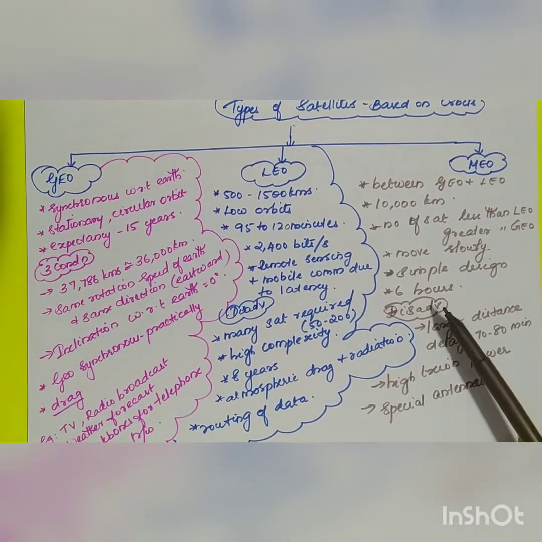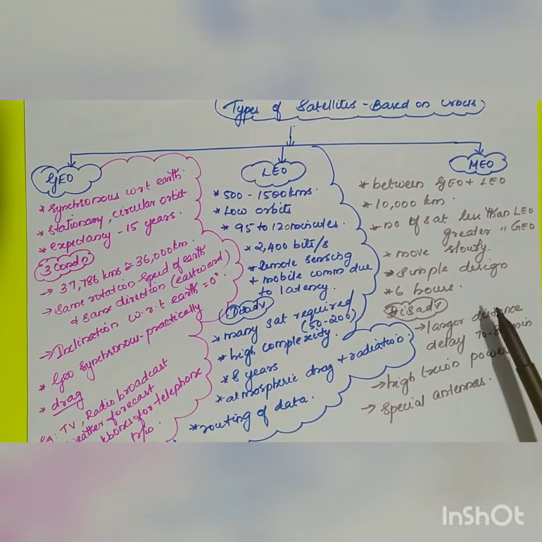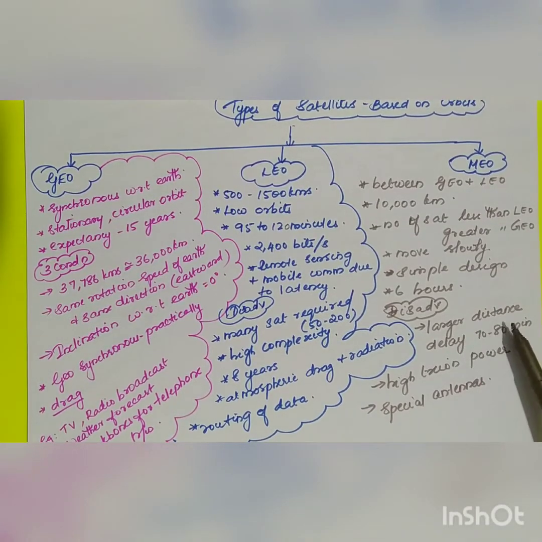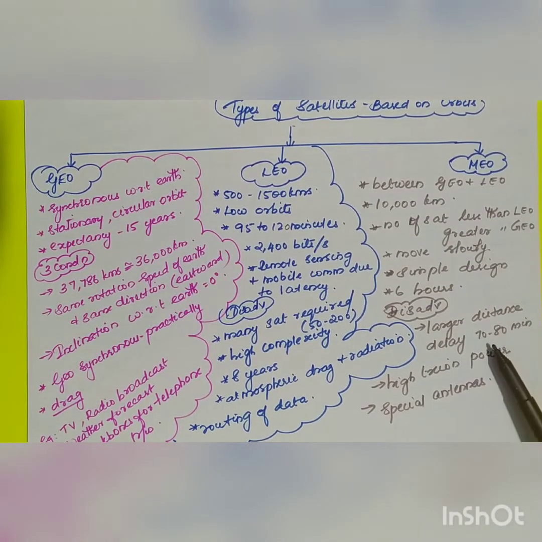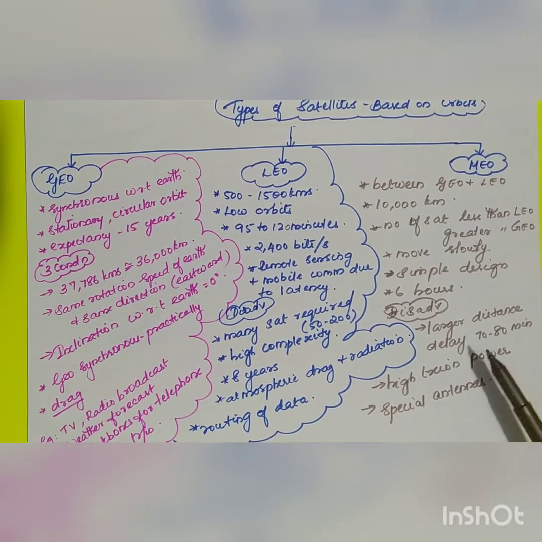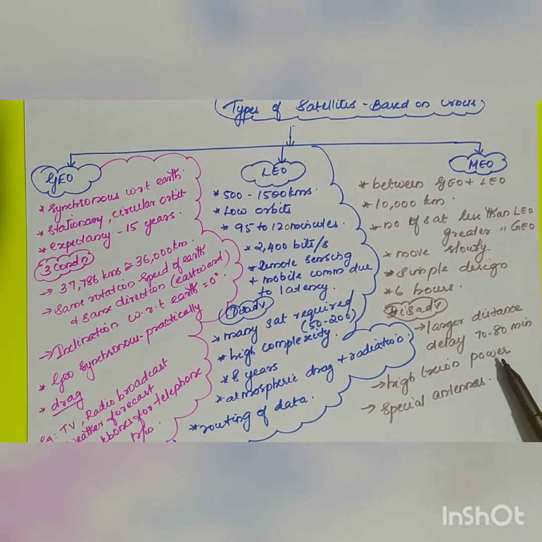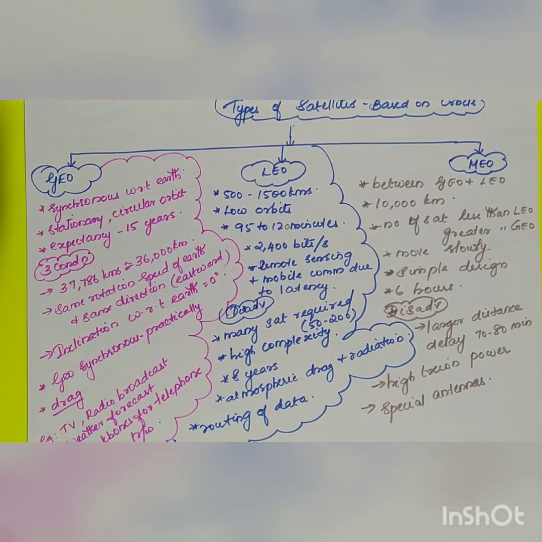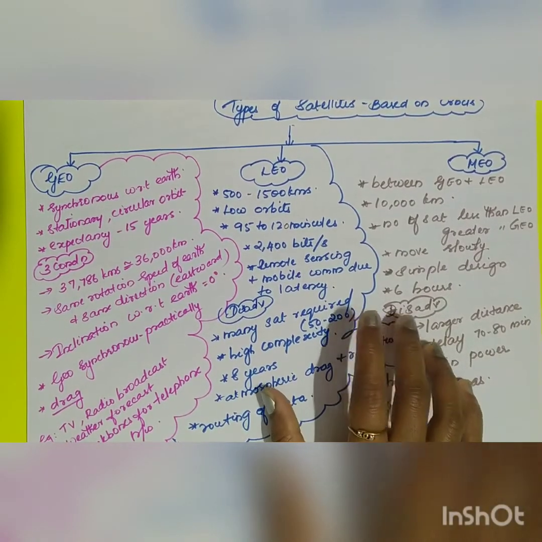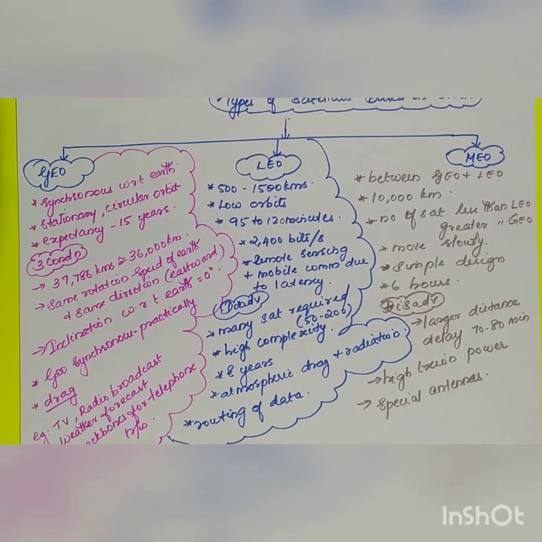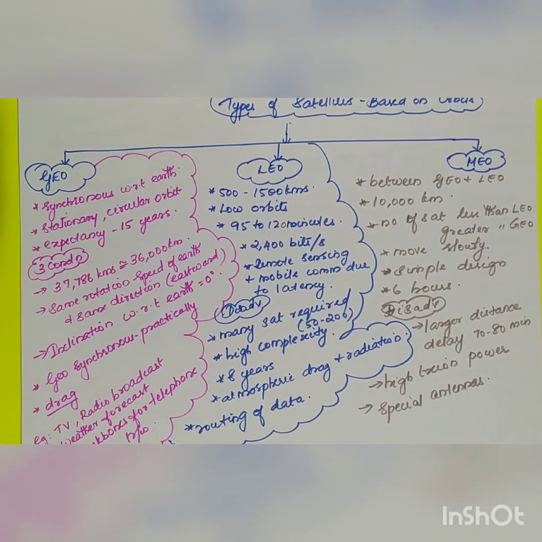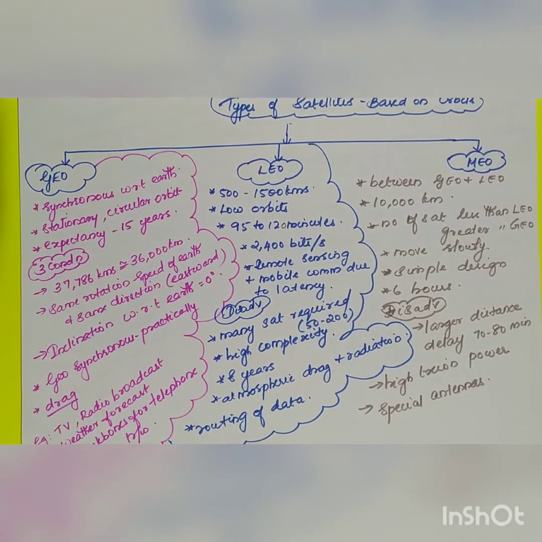The rotation period is 6 hours. Some of the disadvantages are larger distance, so the delay is 70 to 80 minutes. A lot of delay is there. High transmission power and special antennas should be used in the case of medium Earth orbit. These are the different types of satellites. These are the two topics which you have to study in satellite communication in your 5th module.